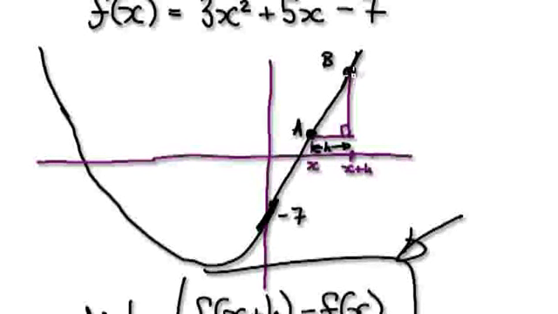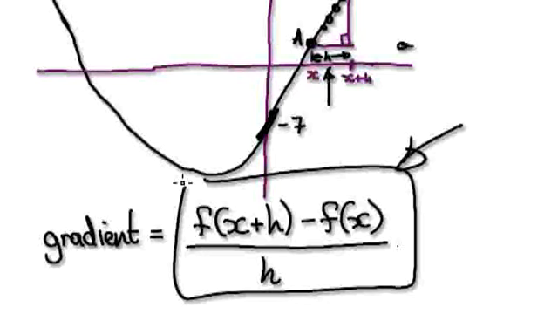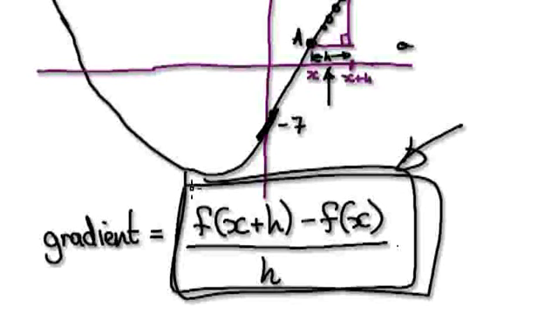The true gradient exists when you get B to move closer and closer towards A. The way you get B to move closer towards A is by decreasing h, so that eventually h will get to 0.